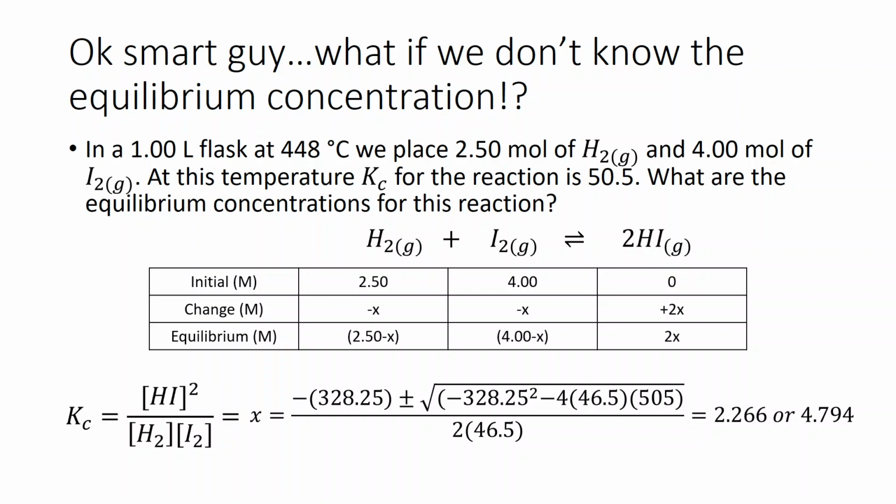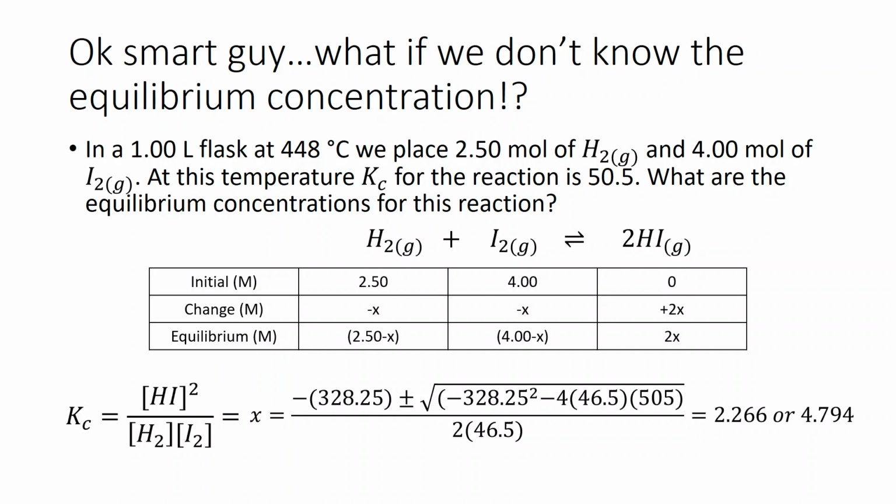As those of you who are familiar with the quadratic equation know, we get two values out of it. In this case, only one of them makes sense, because we get 2.3 more or less and 4.8. Now, 4.8 makes no sense, because we cannot have a change of negative 4.8 molar if we start with 2.5 and 4 molar.